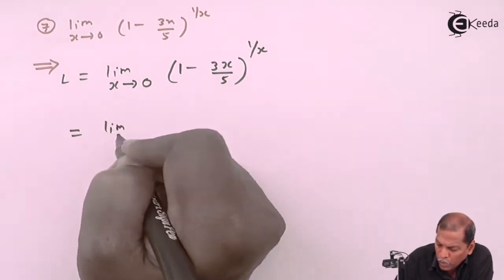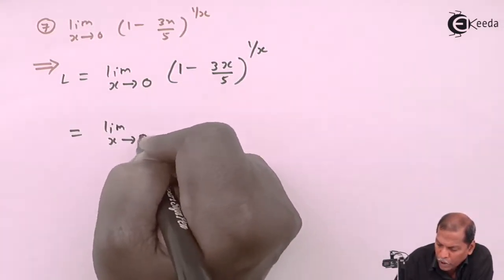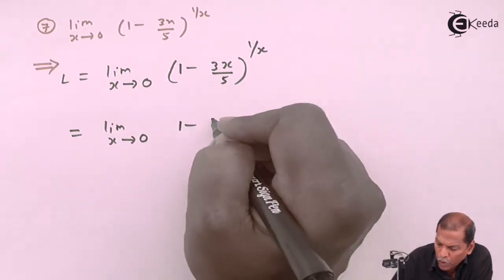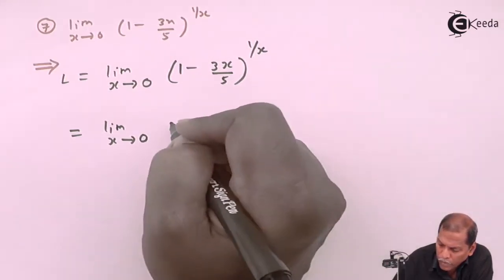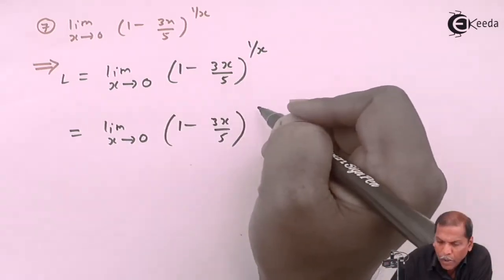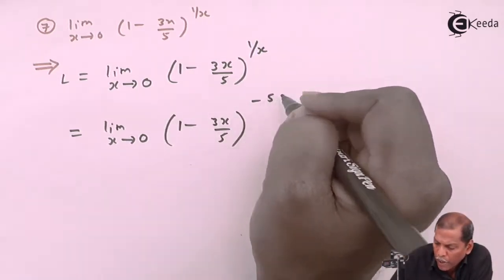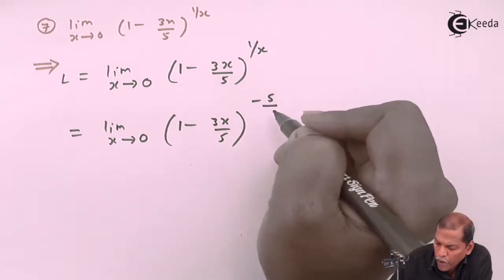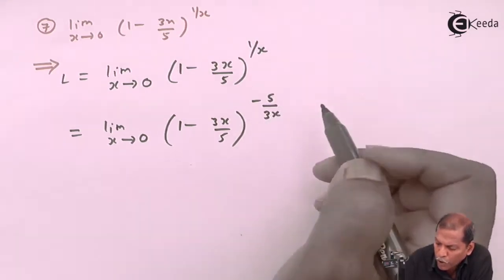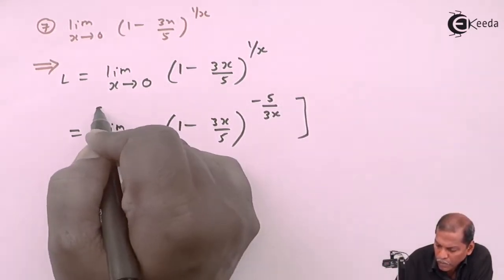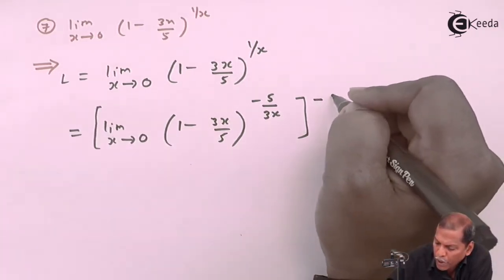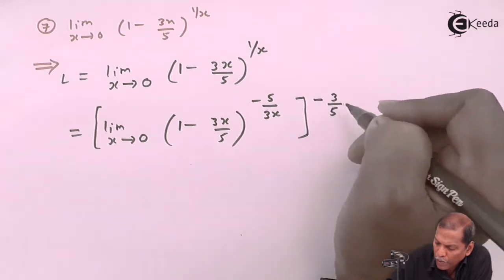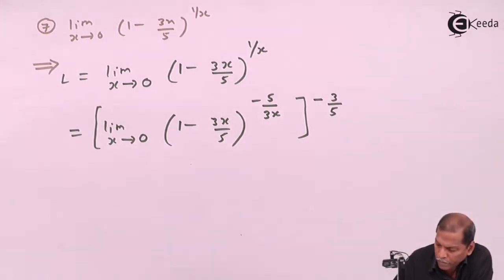That is equal to limit x tends to 0 of (1 minus 3x upon 5) whole bracket raised to minus 5 upon 3x, whole bracket raised to minus 3 upon 5.